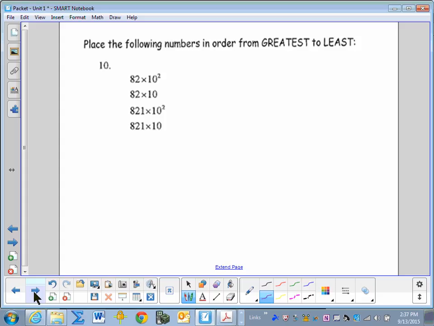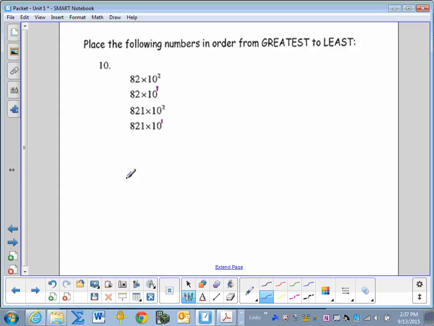Go ahead and try number 10. We're going to place the following numbers in order from greatest to least. Let's look. We have 82 times 10 to the something. We got 2 of those. And this is 10 to the 1, we remember. Just put that there so I remember. And then we have 821 times 10 to the something. So we have 2 different bases here. 821 is bigger than 82, so we know these are going to be bigger numbers.